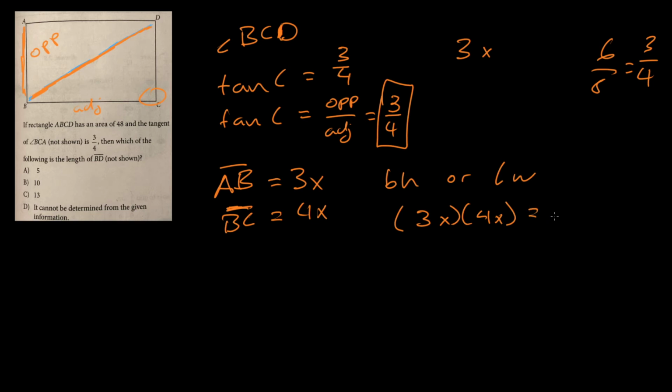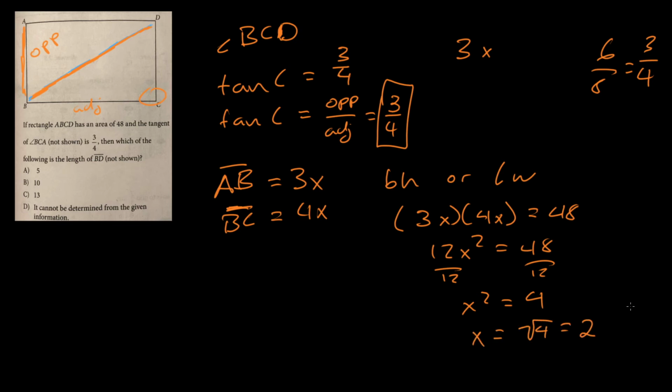If we multiply those two together, we should get 48 because that's how area works. And so if we multiply them together, we're going to get 12x squared is equal to 48. And if we divide both sides by 12, we should get that x squared is equal to 4. And x is equal to the square root of 4, which is equal to 2.